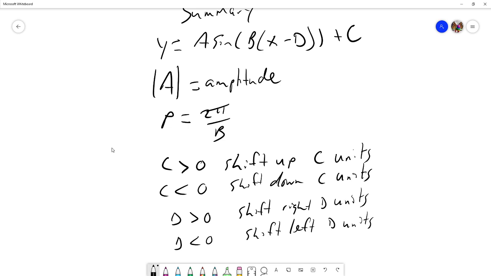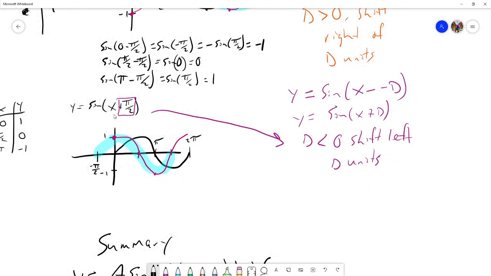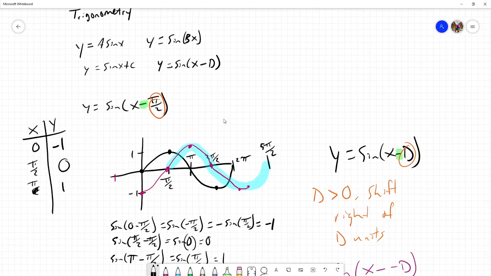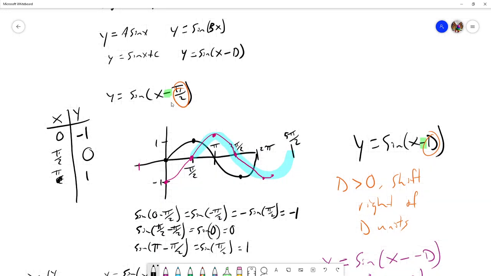Now keep in mind, for our caveat for our d variable, when you see the plus sign here, that means it's actually negative, and when you see the negative sign, as in right here, that means it's actually positive.